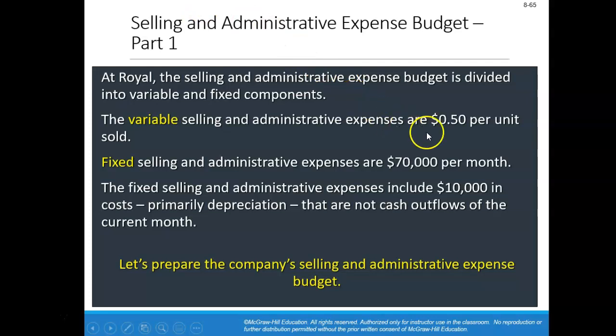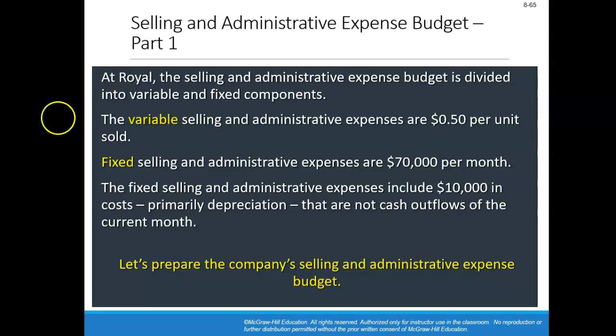Based upon the information presented, our variable selling and admin expenses are going to be 50 cents per unit sold.